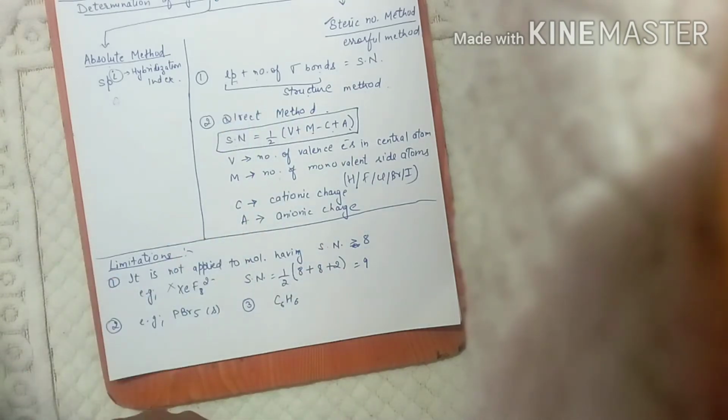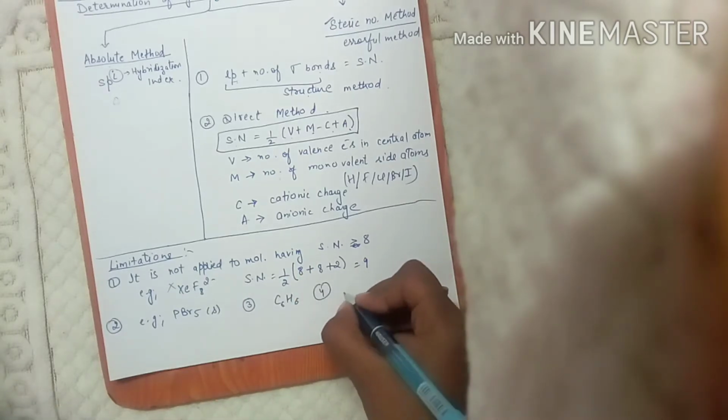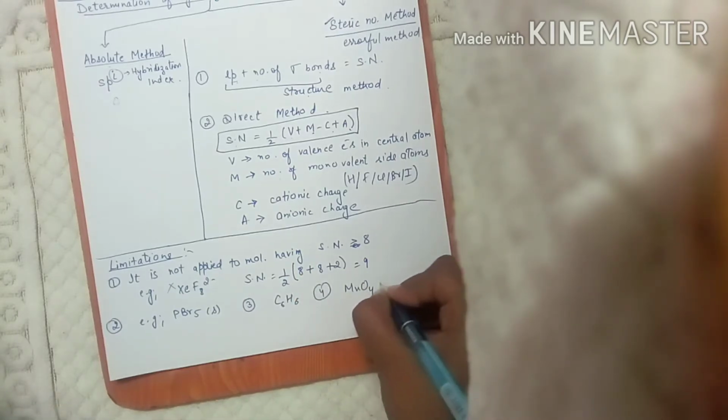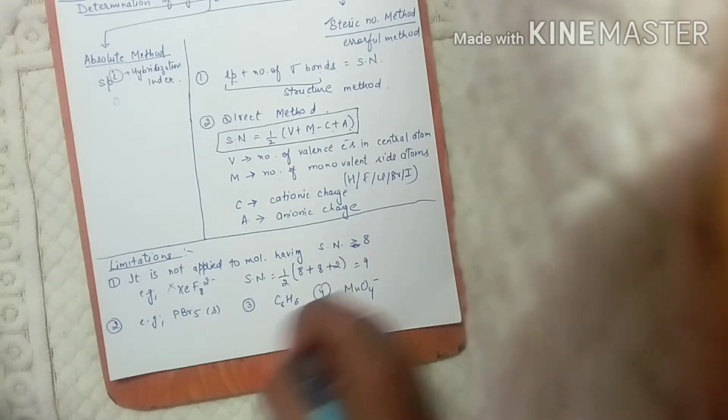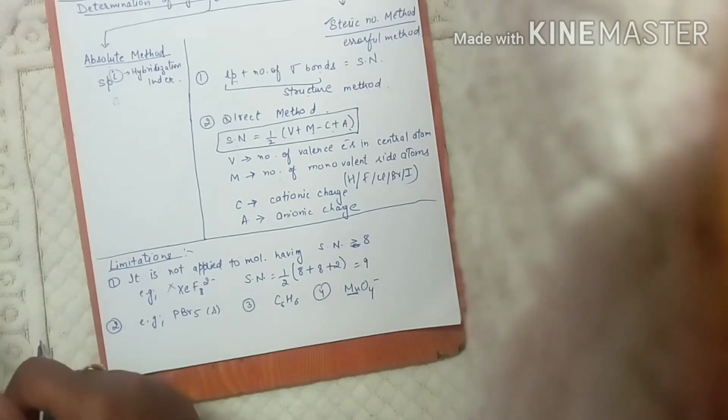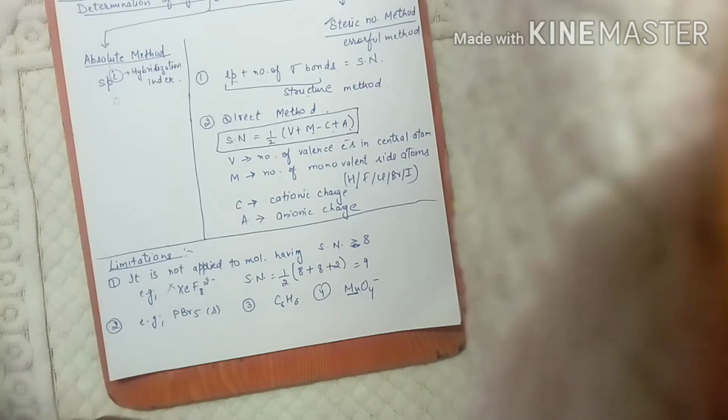The fourth limitation is that it is not applied when the central atom is a transition metal. For example, MnO4 negative. Here Mn is your transition metal. So in this case also it is not applied.